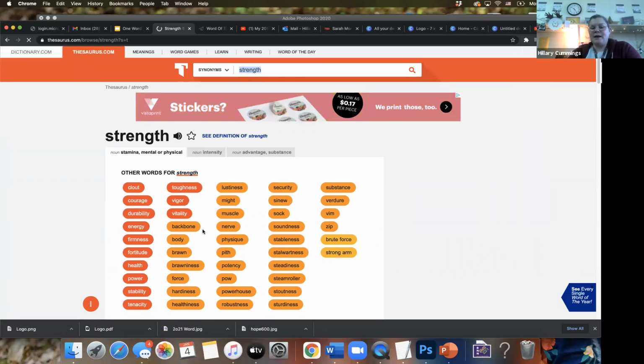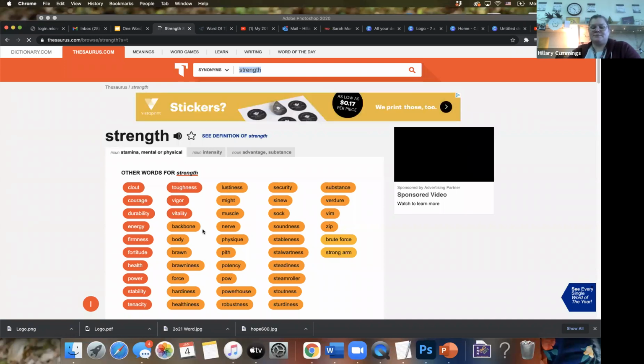And when I look at them, I might go, wow, you know what? When I was thinking about strength, I was thinking about having courage to stand up for the things that I believe in and that I want to pursue in my life. And so here I see the word courage and I'm like, you know what? That's a better word for me. I think that I like courage better than strength.